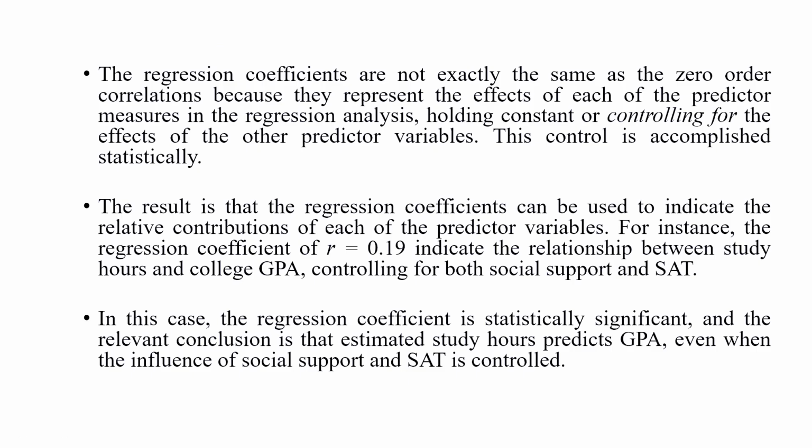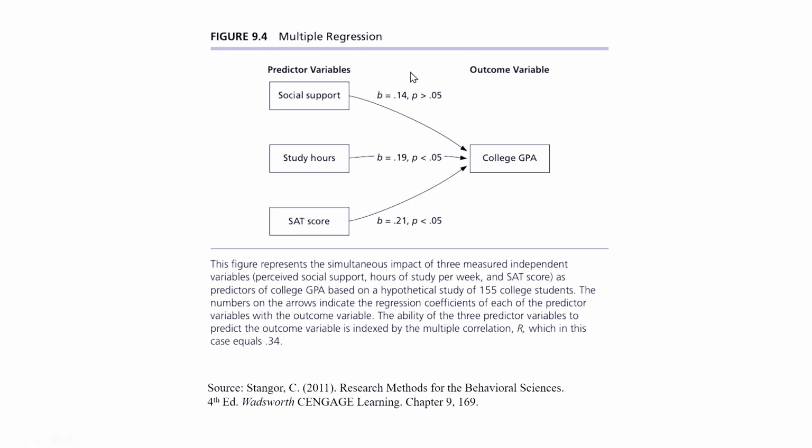Also understand the regression coefficients are not exactly the same as the zero order correlations, because they represent the effects of each of the predictor measures in the regression analysis, holding constant or controlling for the others. So, remember, because you are performing a multiple regression, these b values here are not the same as the value of r that we have seen earlier. This value of b is arrived at controlling for this one and this one.